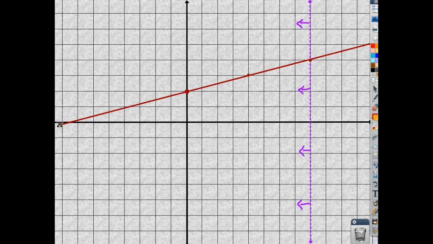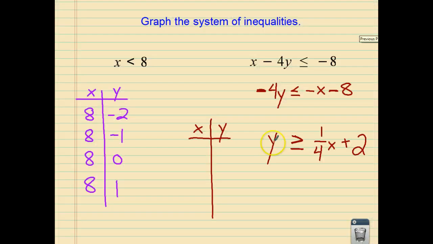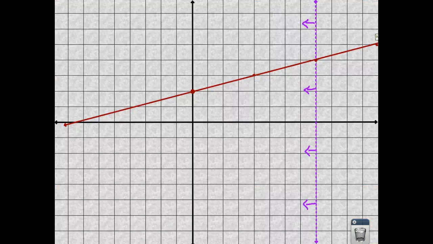And now it says, is it going to be shaded above the line? Above means greater than, and below the line means less than. All right, so let's go back. It says y is greater than or equal to, so that's going to be above the line. So if we were to draw in our arrows, it's going to be up here. So we have above the line greater than, or below the line, which is less than.